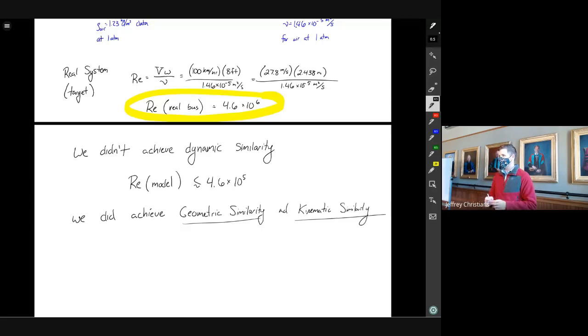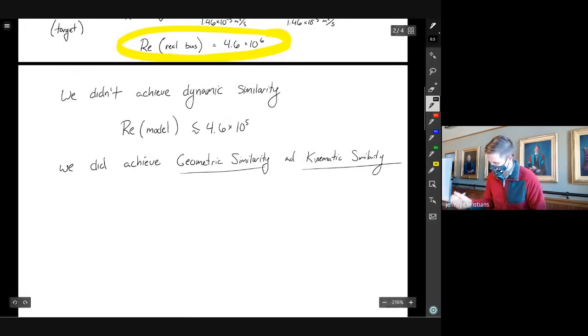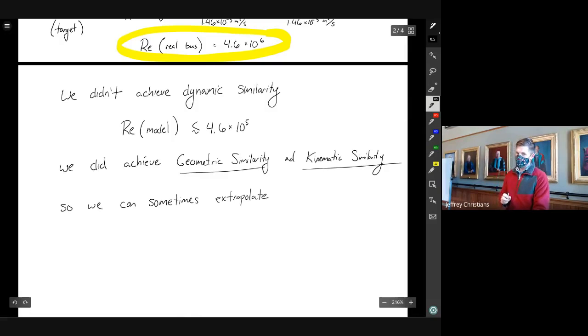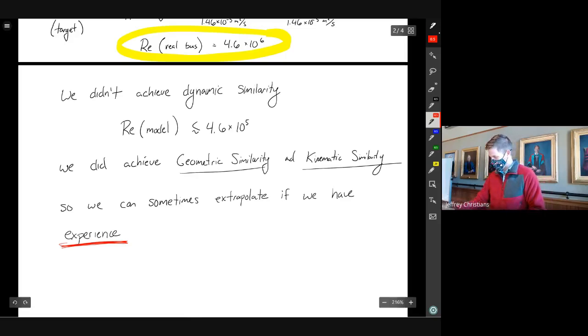We just didn't quite get the right Reynolds number. We can sometimes extrapolate if we have experience. I'm going to give that a big underline.